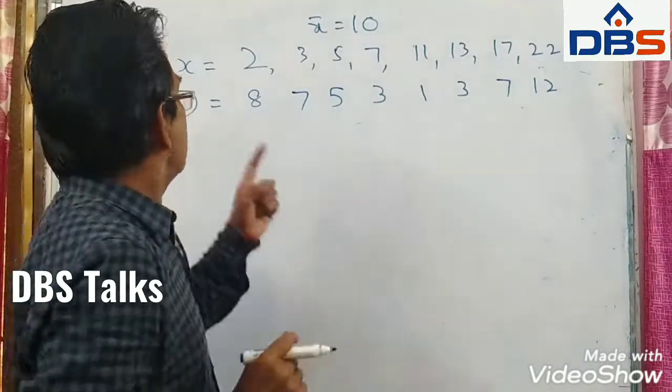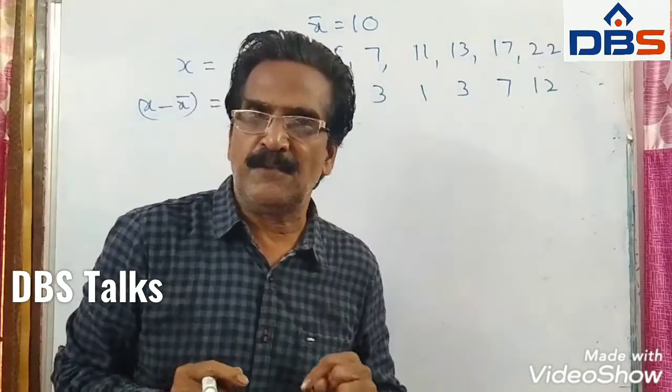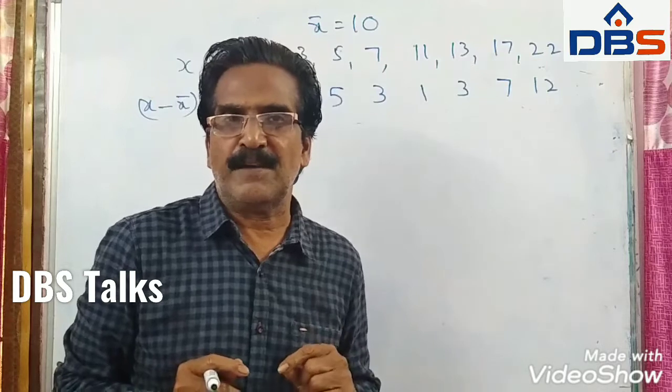Right friends? These are the x minus x bar values.